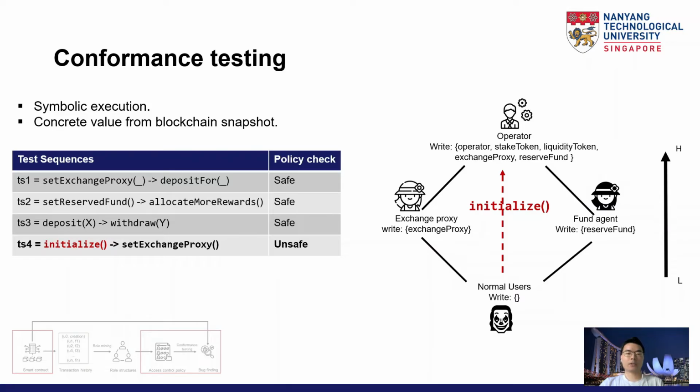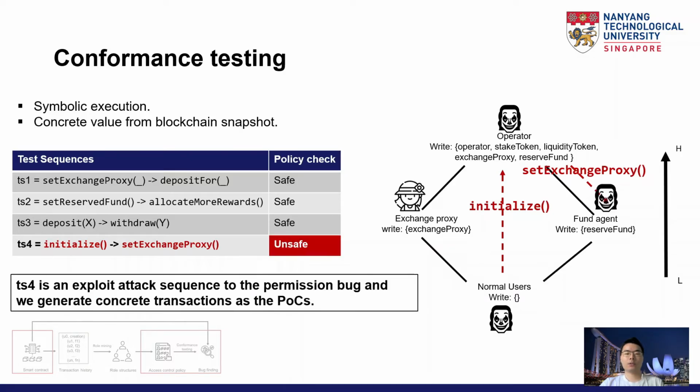Since the initialize function is unprotected, the contract operator can be initialized by the attacker. The attacker then calls the set exchange policy function to change the reserve fund state variable. And this would change the fund agent to be the attacker too. Therefore, the last test sequence is an exploit attack sequence, and we can generate a concrete transaction as the PoC.